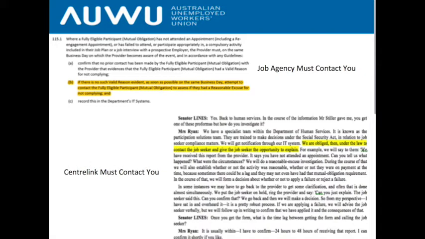And this is a quote from a Senate inquiry, where the person representing Centrelink, Mrs. Ryan, said that we are obliged under the law to contact the job seeker and give the job seeker the opportunity to explain. And a bit further down it says that they are required to make contact within 24 to 48 hours of receiving that report.